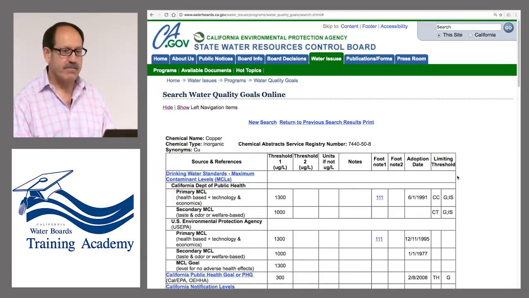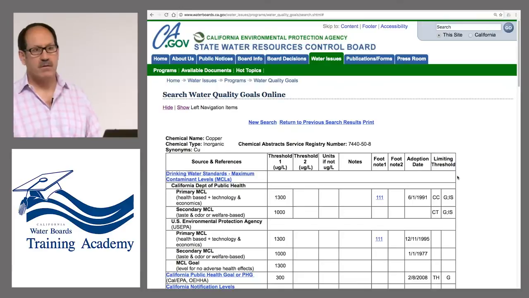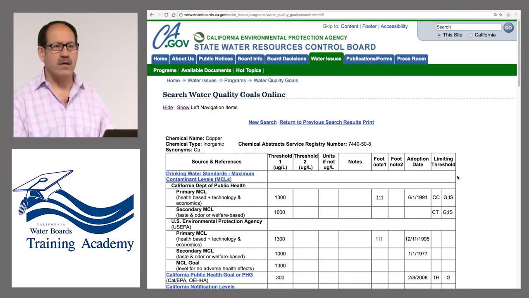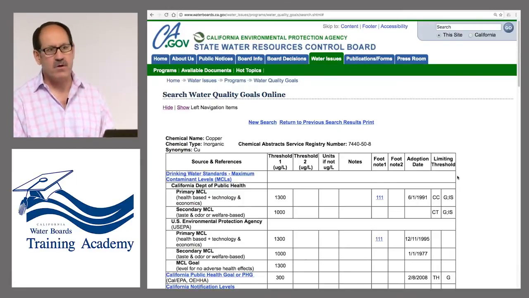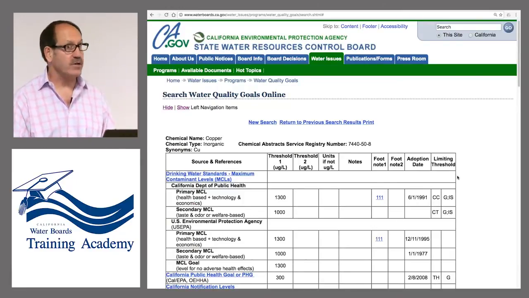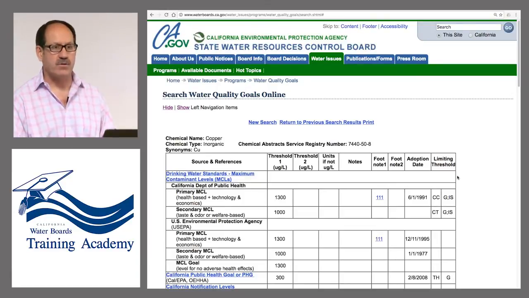And so why would somebody use this? Because they're trying to find out what concentration of copper or whatever substance they're looking for would impair a beneficial use of water. What might be a problem for aquatic life, what might be a problem for human health, what might violate certain regulatory thresholds. That's what this database is all about.